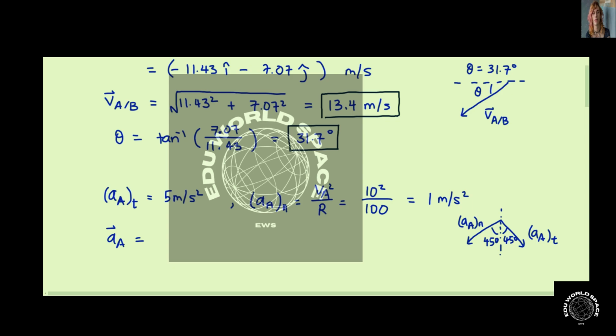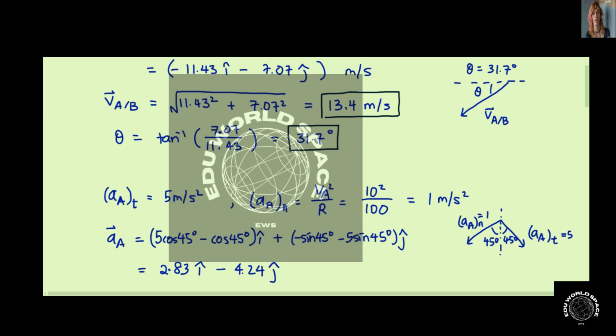So in vector form, we have (5 cosine 45 degrees minus 1 cosine 45 degrees) I hat plus (negative 1 sine 45 degrees minus 5 sine 45 degrees) J hat, and then you evaluate the numbers: you get 2.83 I hat minus 4.24 J hat.